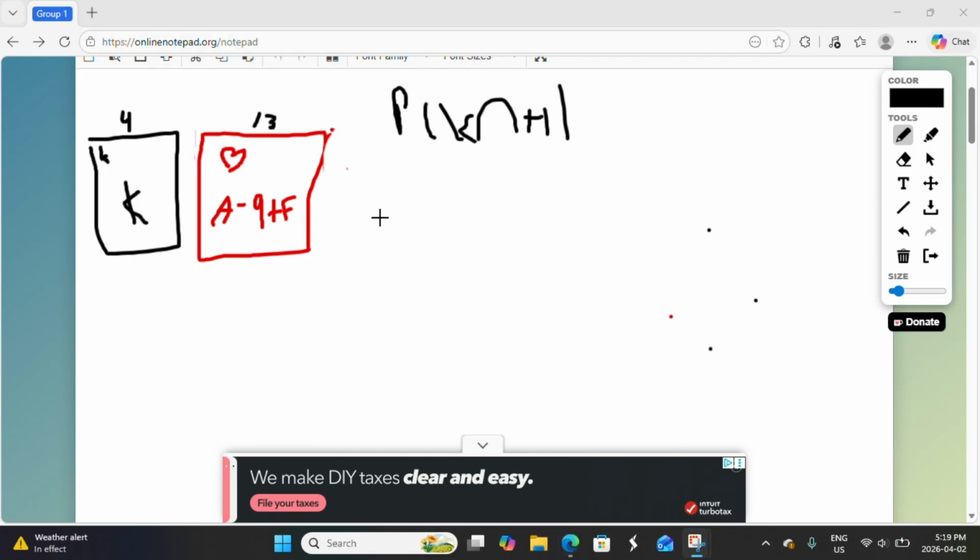So first of all, you would get the probability of finding a king, which is 4 over 52, and then the probability of finding a heart or a card of hearts, which is 13 over 52. Then you would subtract the intersect of both, and there's only one king of hearts in an entire deck, so that would be pretty easy.